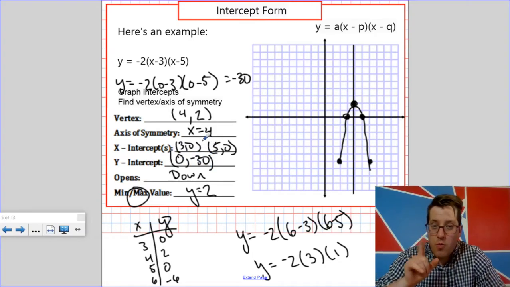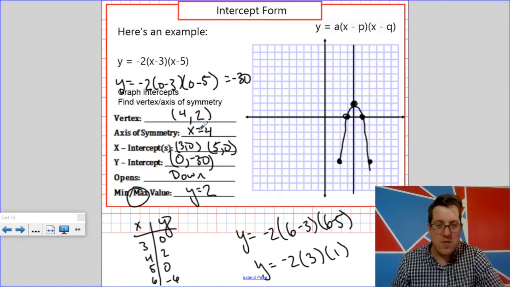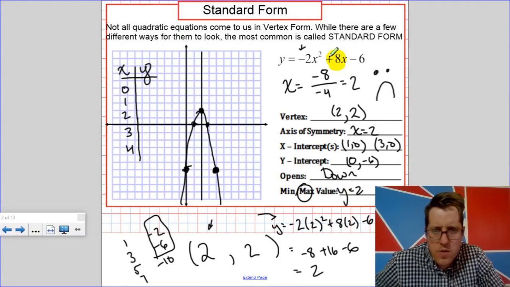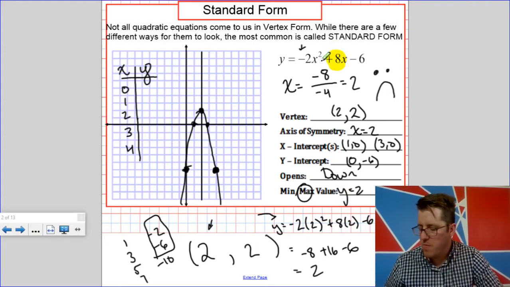All right, there's one last piece of information that I want to share. That's a treat for those who stuck around to the end of the video. So we're going to go back to standard form. Okay, I said that there was something special about the b term in standard form.